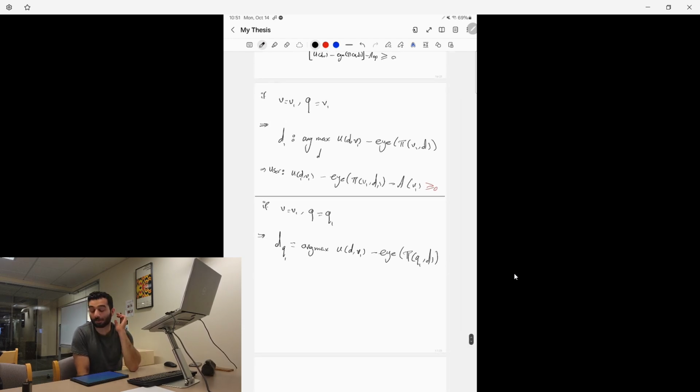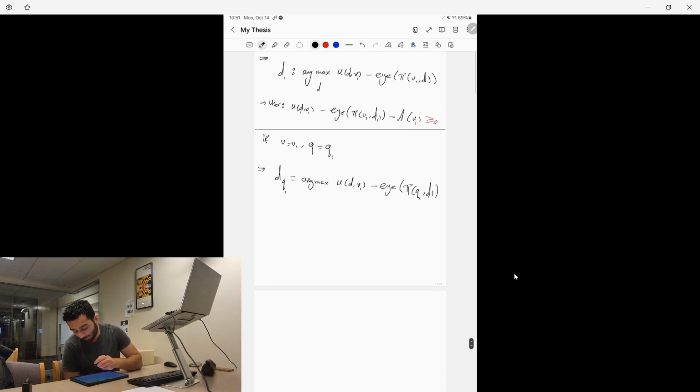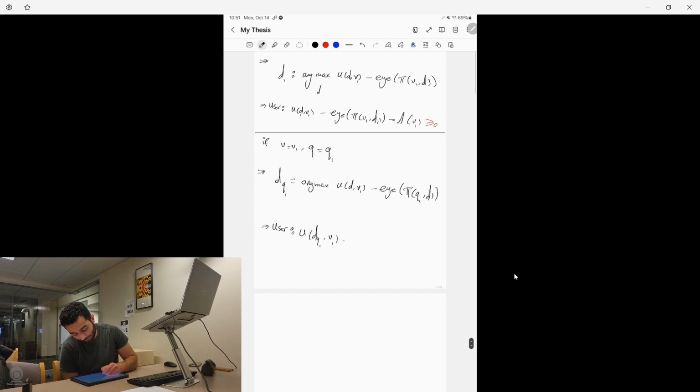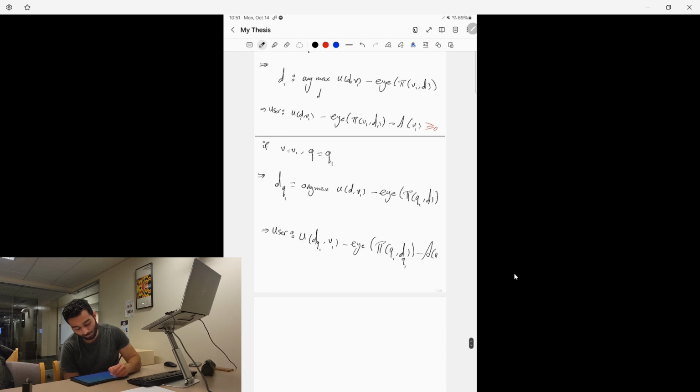That's why I like to do coding, because these are all just theoretical and I don't know which one is which. However, we can say some stuff without code too. The user's net utility will be U of dQ1 and V1 minus eyeballing cost of pi Q1 dQ1 minus AQ1.